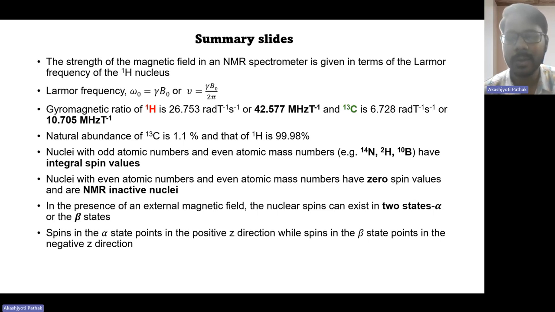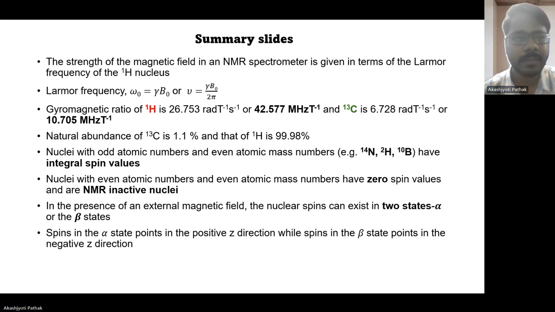Each nucleus has its own characteristic frequency, and when an energy equivalent to the frequency of that nucleus is applied, the nucleus will undergo transition. These transitions are what give the signal in an NMR spectrometer.